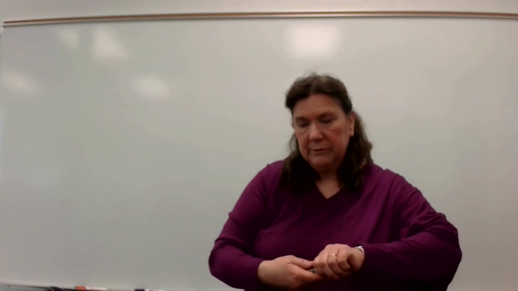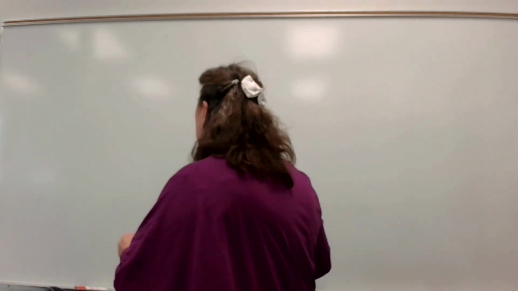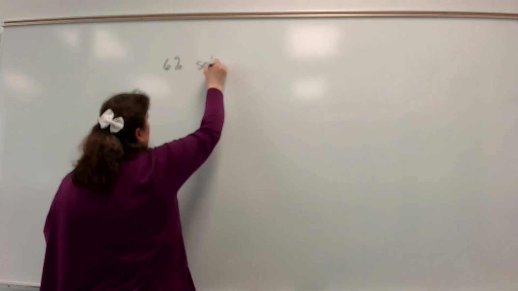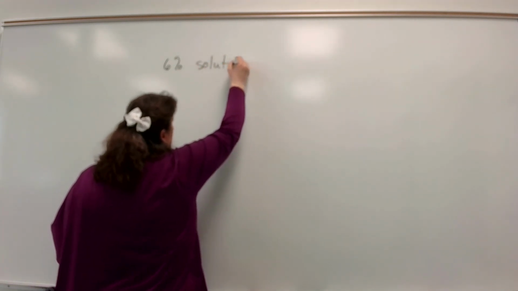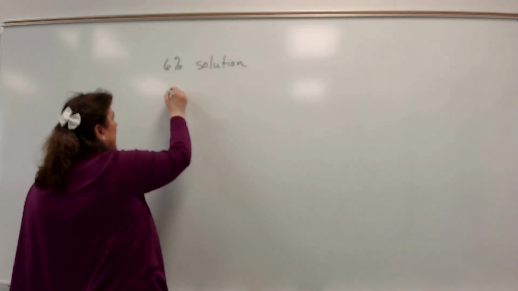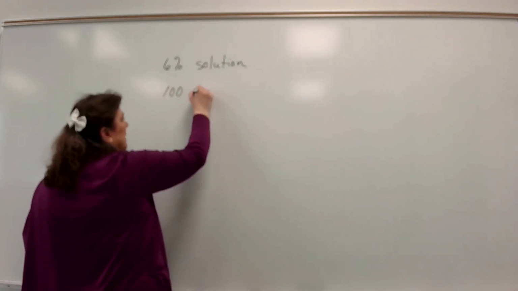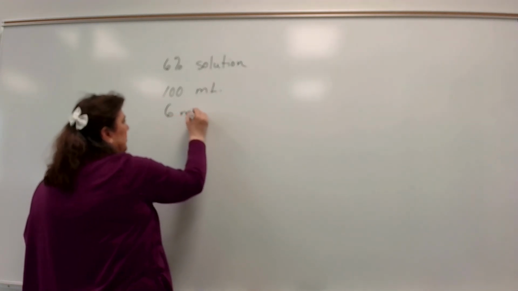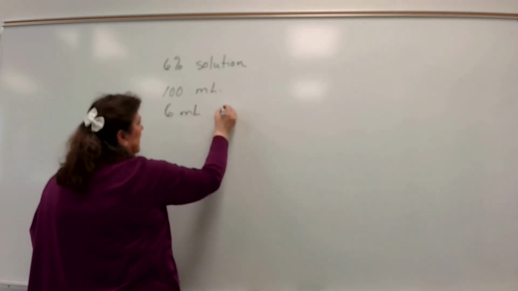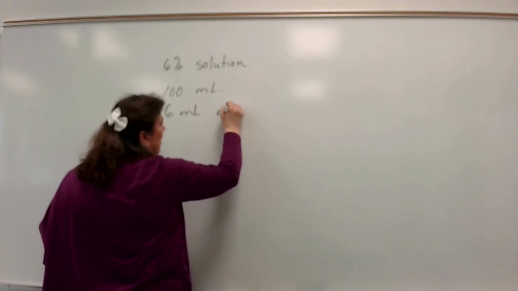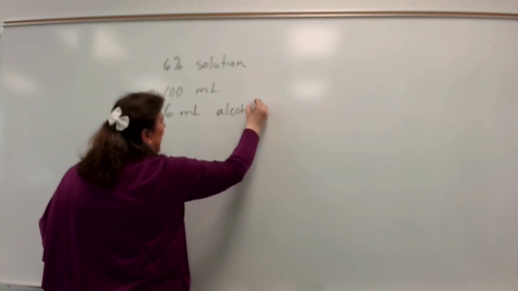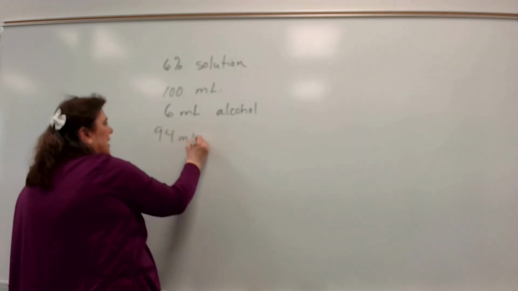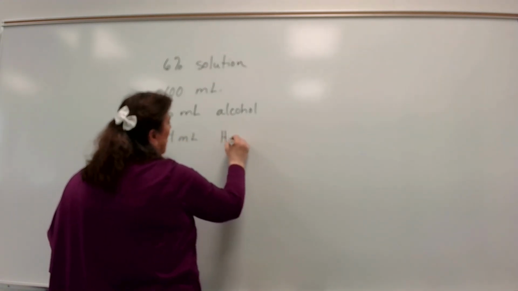For example, if it says a 6% solution, that means if we had a 100 milliliter solution, then 6 milliliters of that solution is whatever chemical, such as alcohol, and 94 milliliters of that solution would be water.